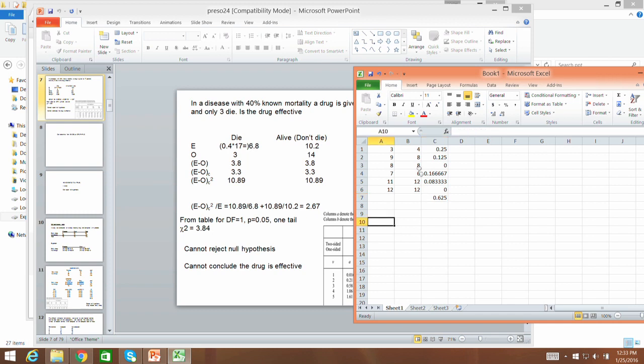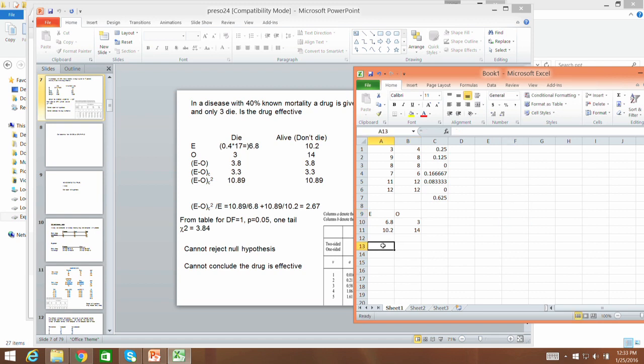So we expect 6.8 and 10.2 alive, whereas observed is 3 and 14.